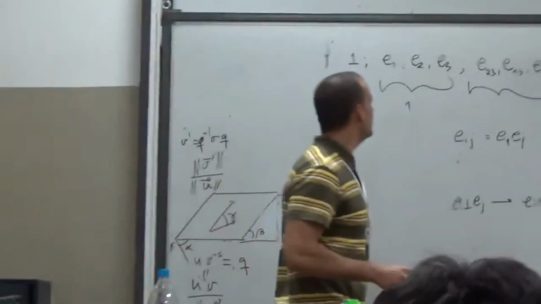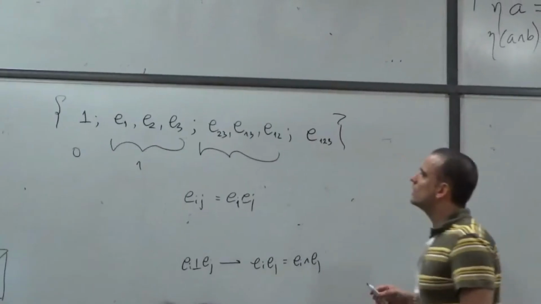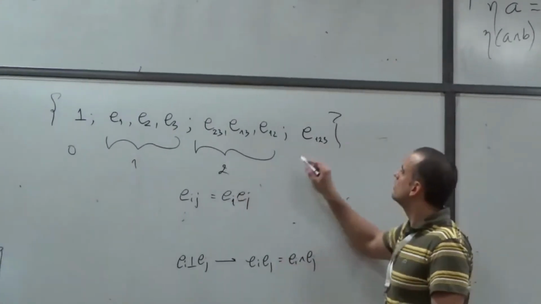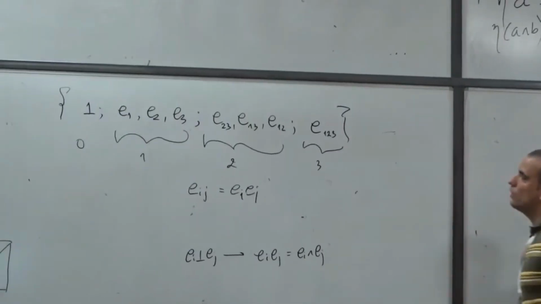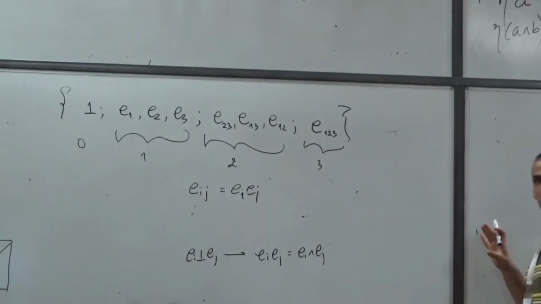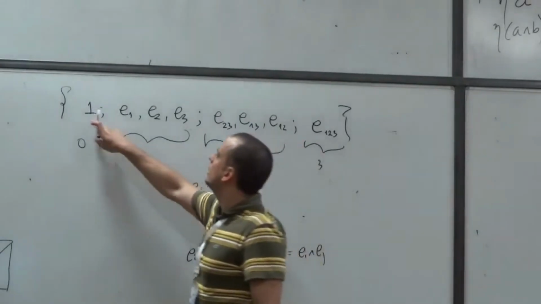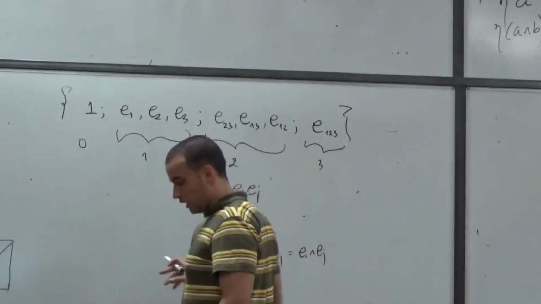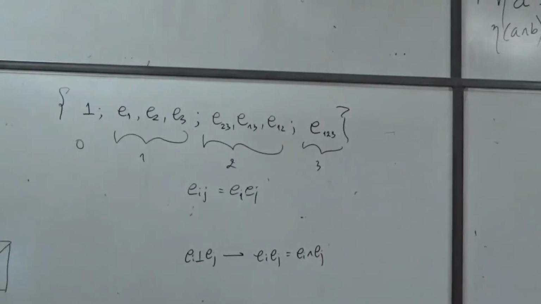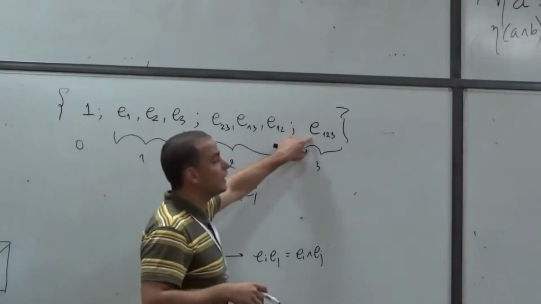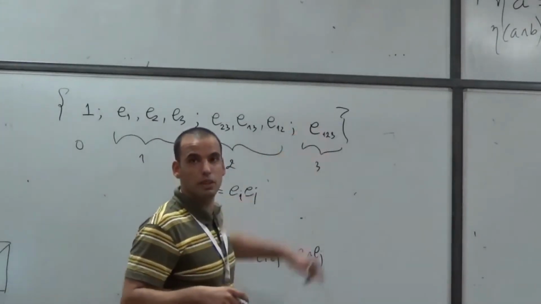This is a volume element, or as we call it, the highest grade, the pseudoscalar. So apart from the scalar, we have a pseudoscalar. The other thing which is 1 dimensional is spanned by the volume element.